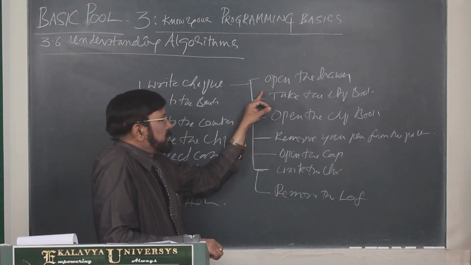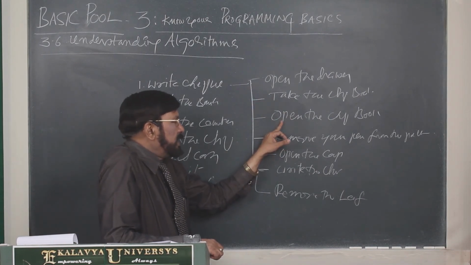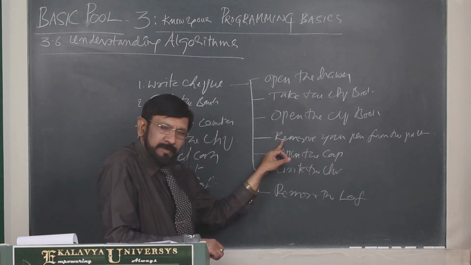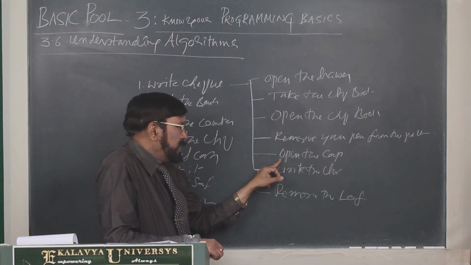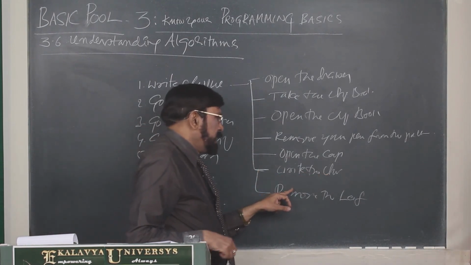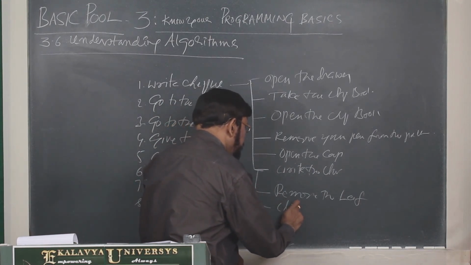Okay, now we see: open the drawer, take the checkbook, open the checkbook, remove your pen from the pocket or pen stand, open the cap and write the check, remove the leaf and close the pen.